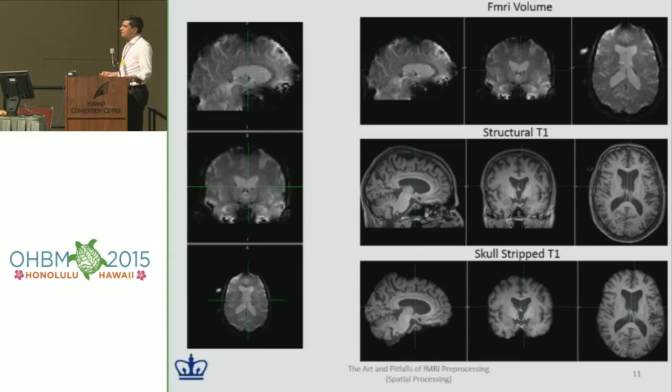If you're using a structural image, at least try skull stripping before doing it. So you can see this is much more similar to the fMRI data, so this registration is going to happen well. But as you can see, these are different modalities, so you need to use information theory techniques instead of typical cross correlations.